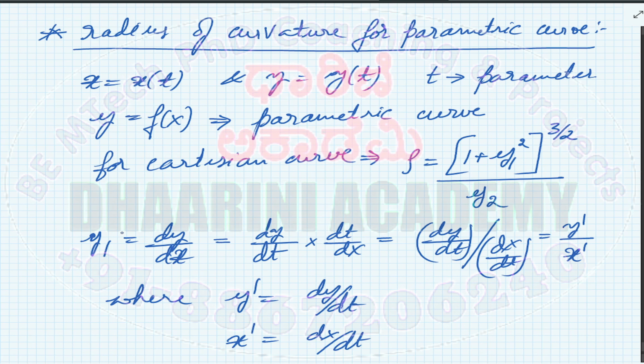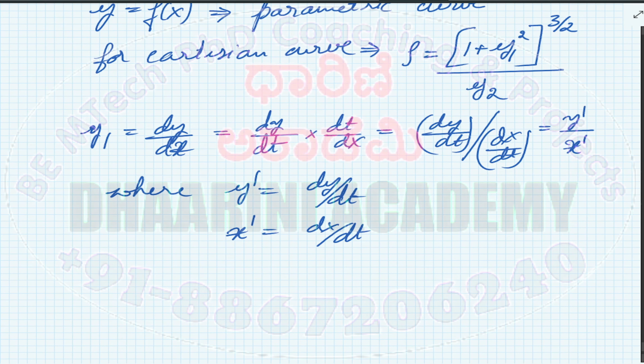So y1 is written in terms of the parameter like this. Let's go ahead. I also have the term y2 in my equation. Let's call this equation 1, and this part equation 2. In equation 1 the denominator has y2, so let's calculate y2 now.